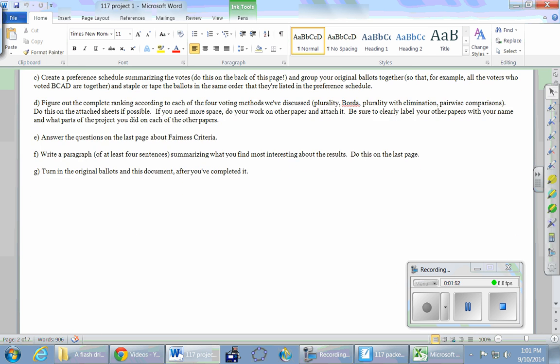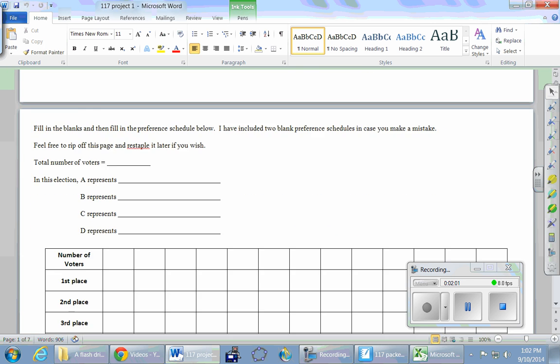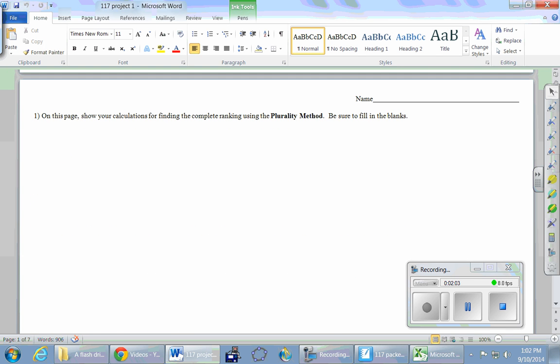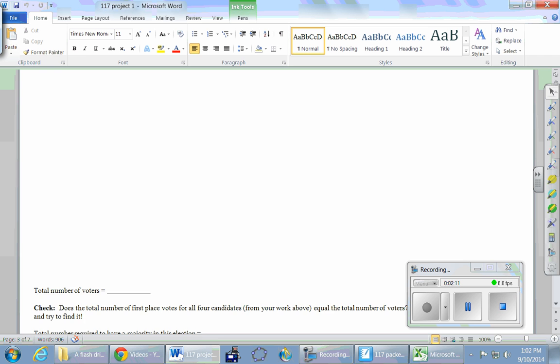And then you continue on to the heart of the project, which is part D, where it says figure out the complete ranking of each of the 4 voting methods. Now, on this handout, it tells you exactly which one is going on which page. So this very question 1 says you're going to do the plurality method. And so you've got a bunch of space where you do the calculations.